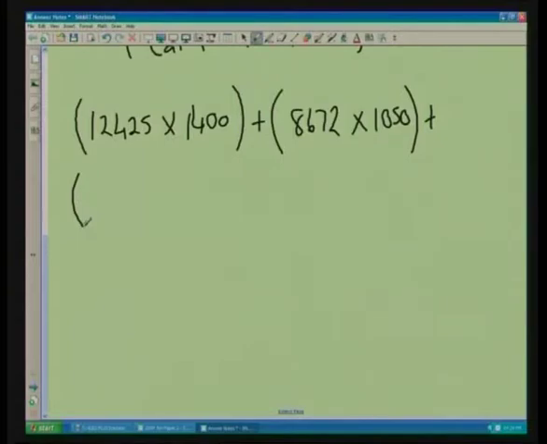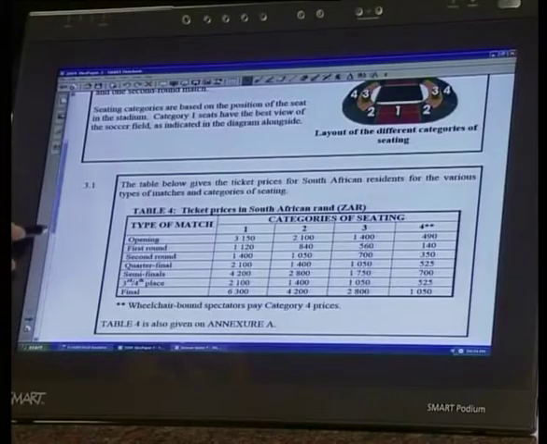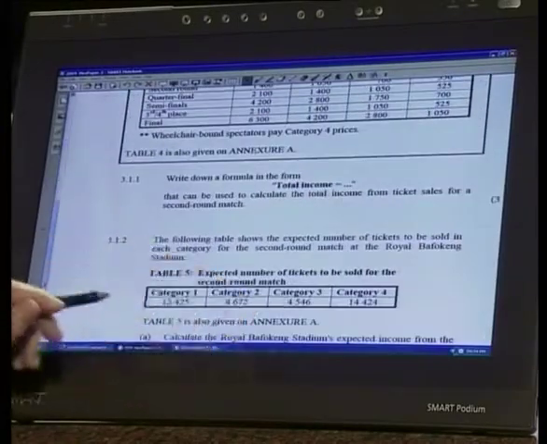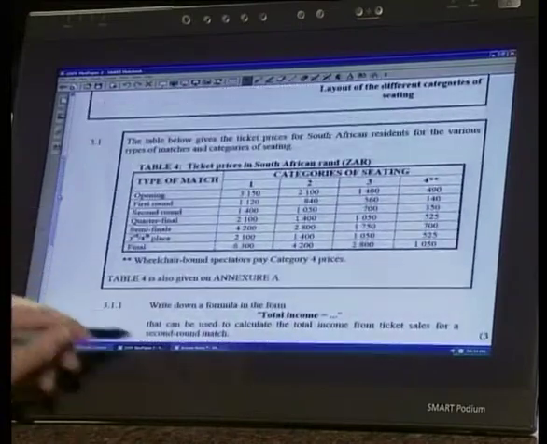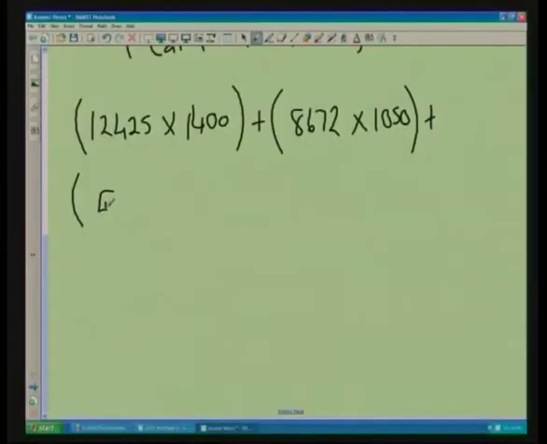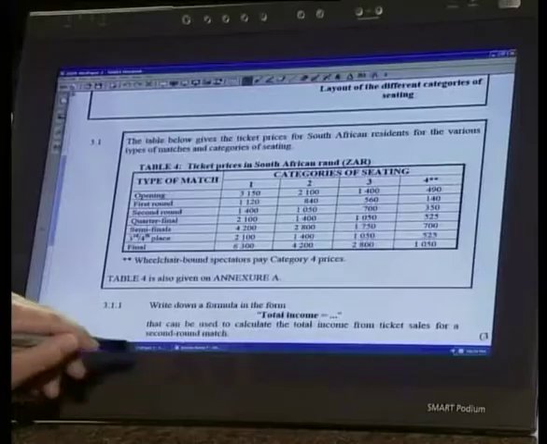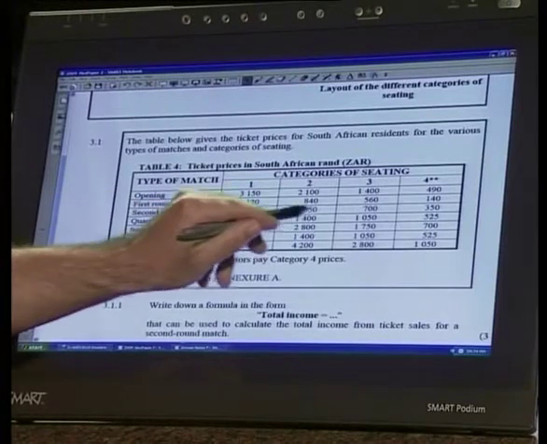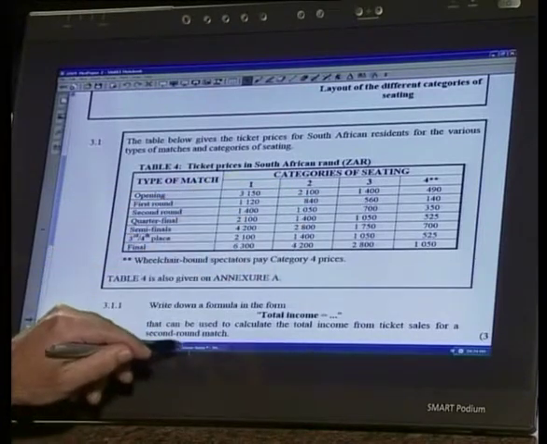And if we have a look, the number of people that attended category 3 was 4,546. And we again need the price for category 3 in the second round. That's 700 Rand per ticket.